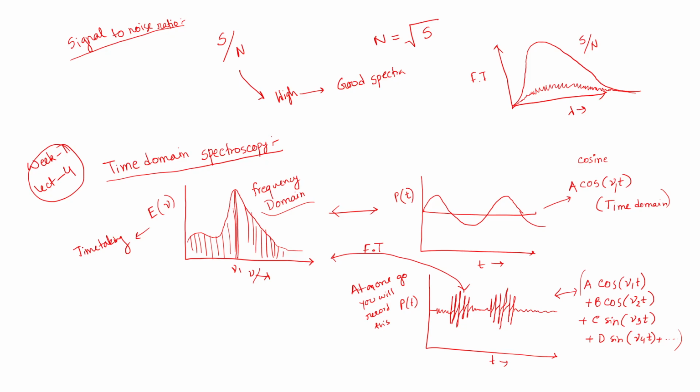And as you are getting this data in one go, you are collecting much more signal at one go, right? So your signal to noise ratio will also be better in time domain, and that is why you will get a better spectra when you do a Fourier transformation of that.